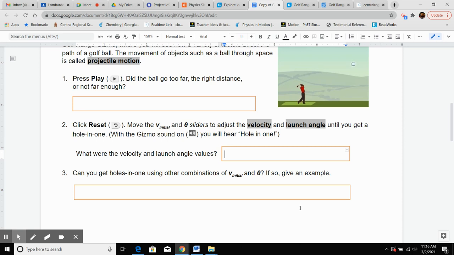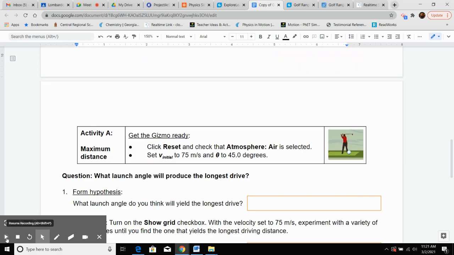So try and give 3 examples. Your first hole-in-one, you're going to write initial velocity and angle here, and then I want you to do 3 more examples of velocity and angles that get a hole-in-one. I'm going to give you 4 or 5 minutes to do that real quick.